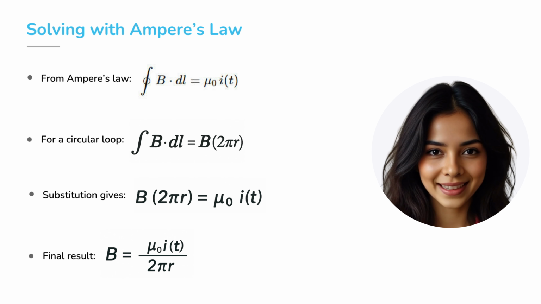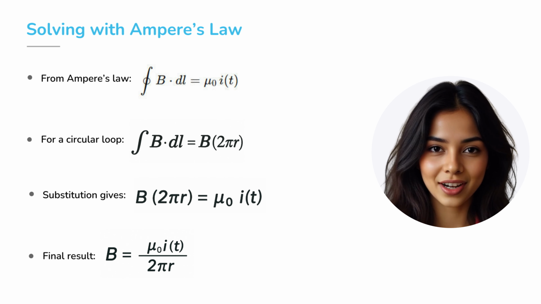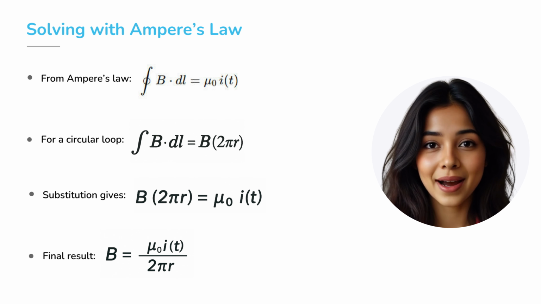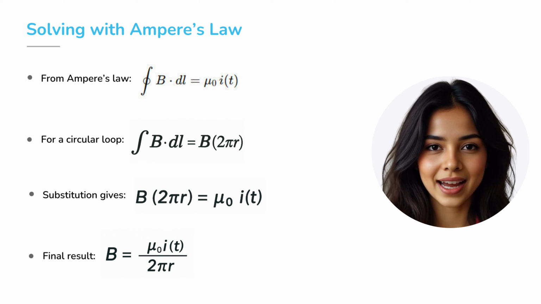Here comes the math. Ampere's law says closed line integral of B dot dl equals mu naught times I of t. For a circular loop, the left side becomes B times 2 pi r. That's because the loop length is its circumference, 2 pi r. So we write B multiplied by 2 pi r equals mu naught times I of t.